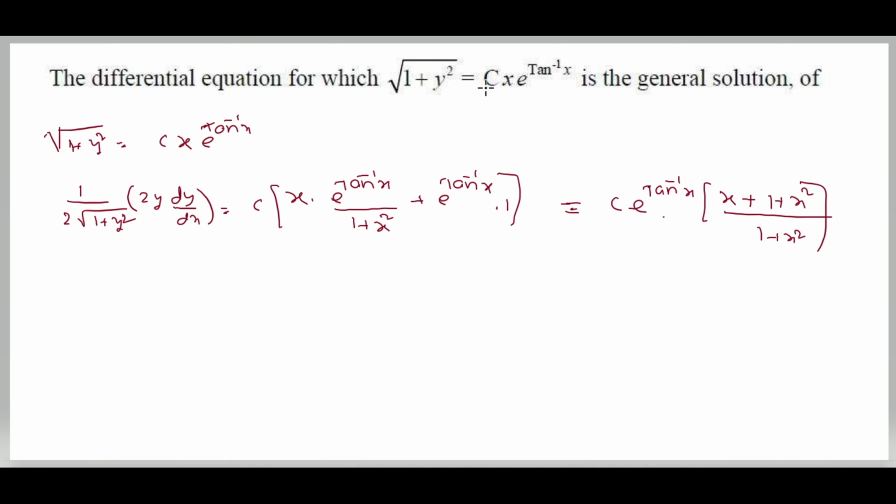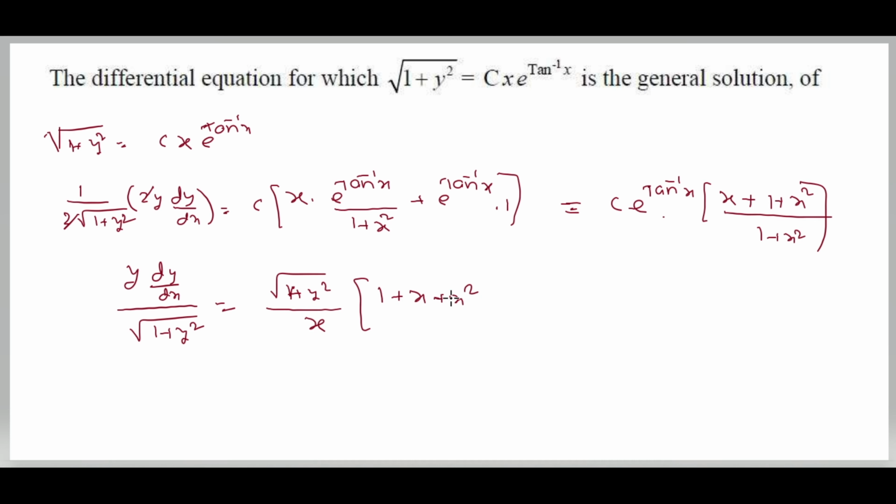So here we know the value of c into e power tan inverse x from this problem, root 1 plus y square by x. Substituting on that, here is 2 cancelled, so y into dy by dx by root over 1 plus y square is equal to c e power tan inverse x from the problem, root over 1 plus y square by x into 1 plus x square by 1 plus x square.